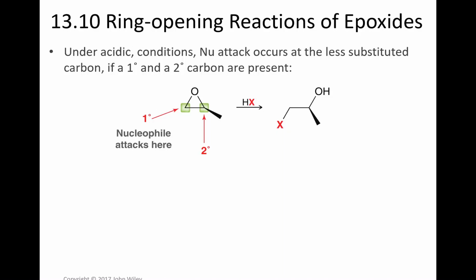Under acidic conditions, epoxides are protonated. So let's look at this epoxide that's shown. If this is treated with HBr, for example, or HCl, those are acidic conditions where the epoxide oxygen will become protonated.